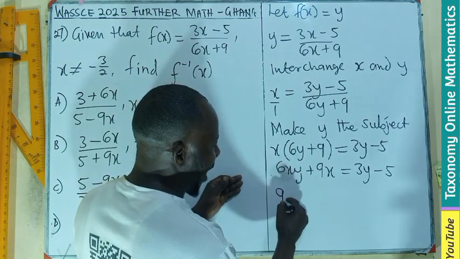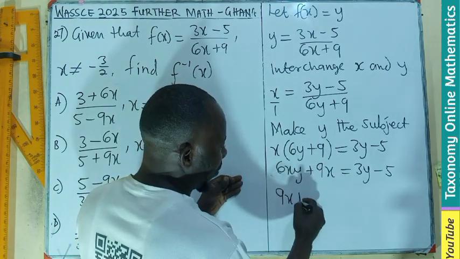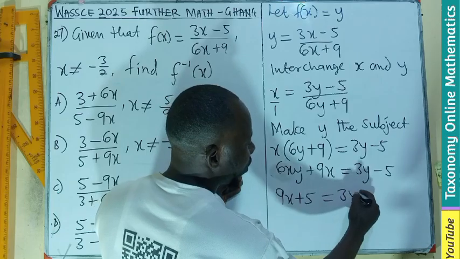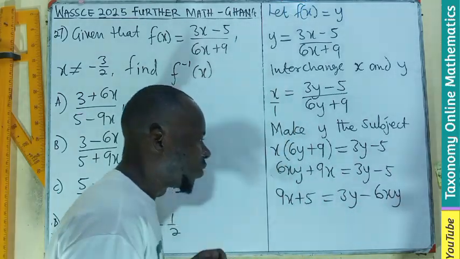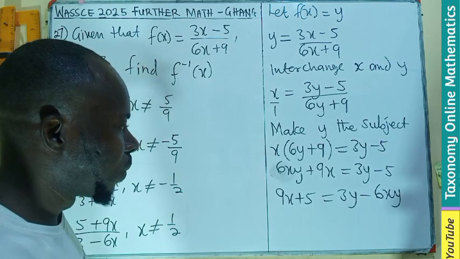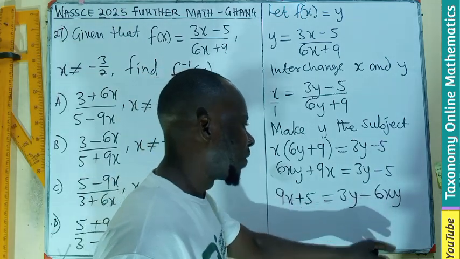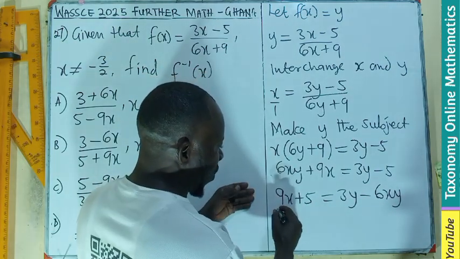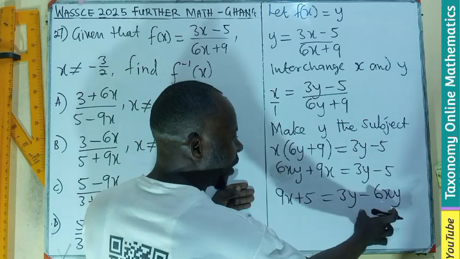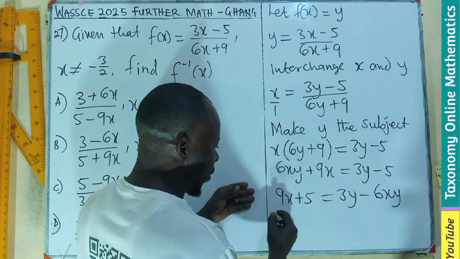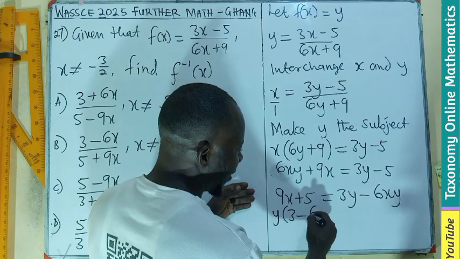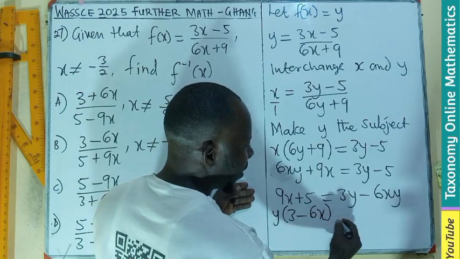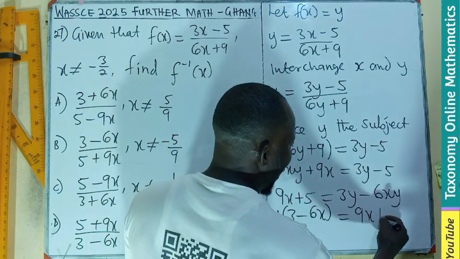So that will become 9x + 5 equals 3y - 6xy. I want to avoid a negative in front. So the common factor is y. I still have this equal to this, meaning this is also equal to this. So y into bracket (3 - 6x) equals 9x + 5.